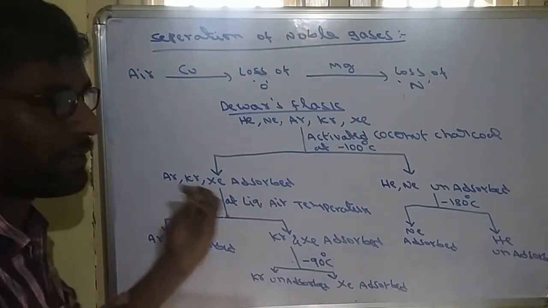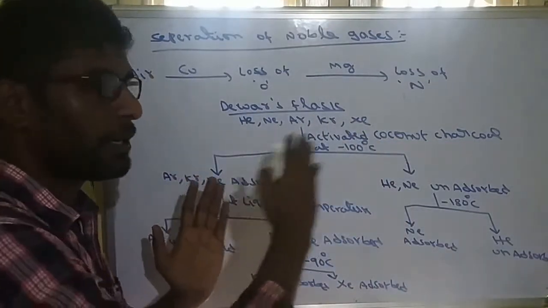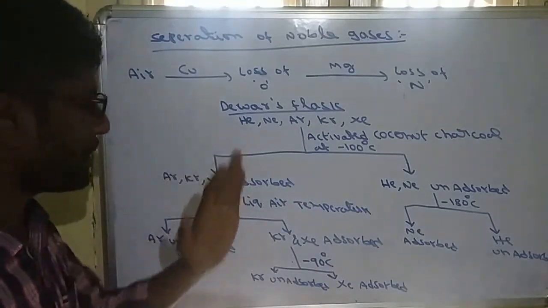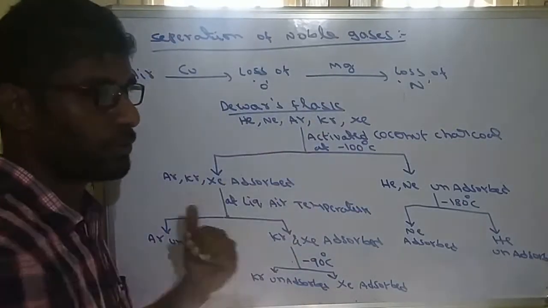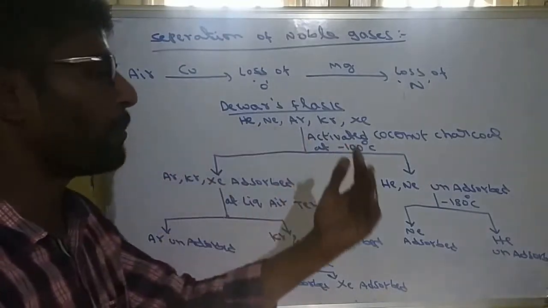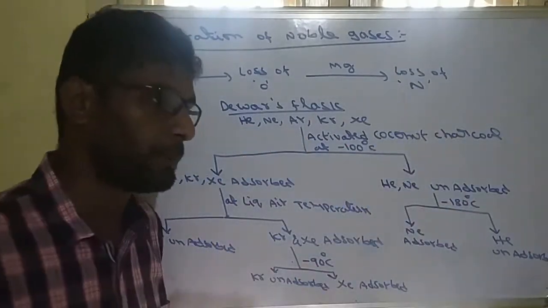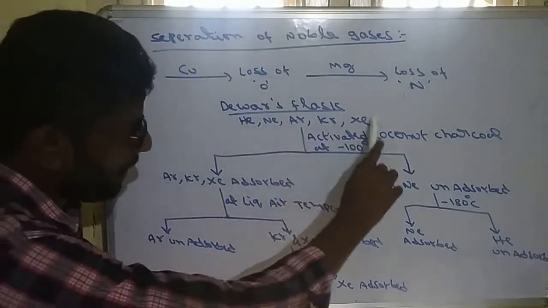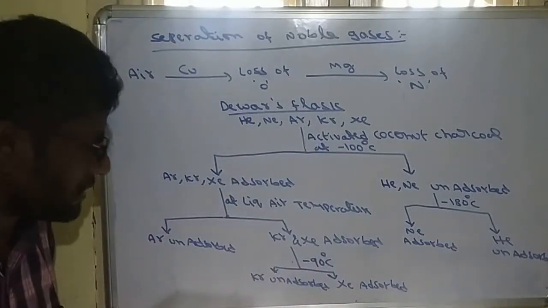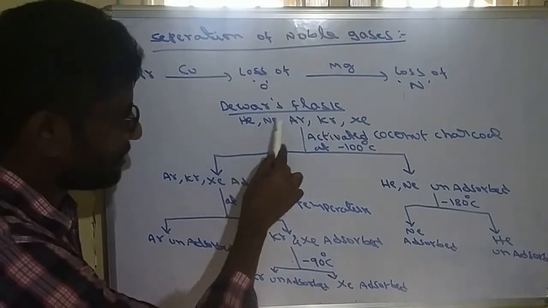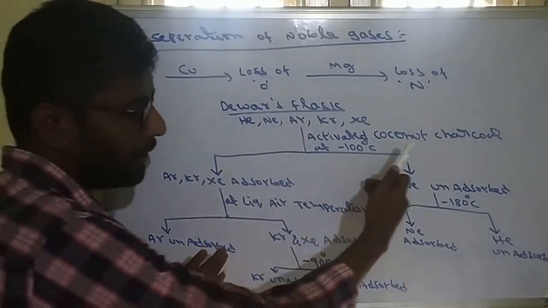So simply, at different temperatures, different gases will be absorbed. This process is called the Gibbs process. Through the Gibbs process, we can separate noble gases by using activated coconut charcoal. First, all noble gases we send at minus 100 Celsius. Among these, helium and neon, since they have low intermolecular forces, will be released.